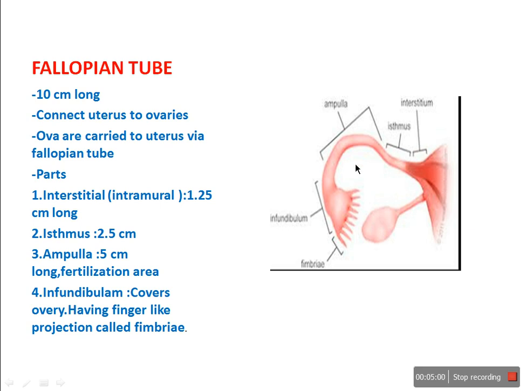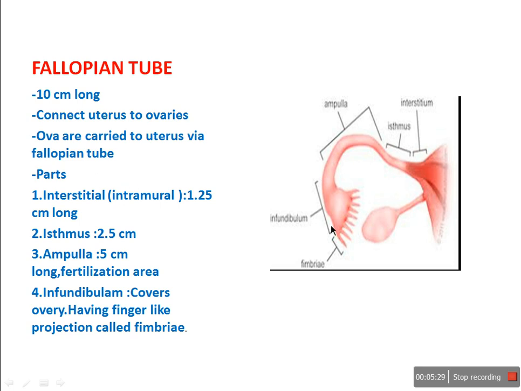So ovary and uterus are connected by the fallopian tube. The ova or eggs produced in the ovary are carried to the uterus via the fallopian tube.